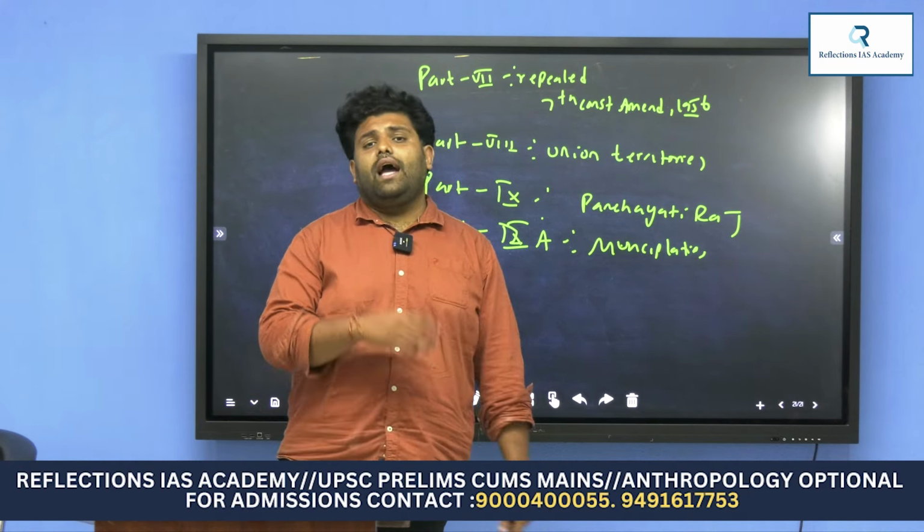Then you have independent constitutional bodies like the UPSC and the State Public Service Commission. Then you have the Election Commission. Then you have special provisions for weaker sections of society, for example the National Commission for Scheduled Castes, the National Commission for Scheduled Tribes, and the National Commission for Backward Classes. Special provisions are given to them.